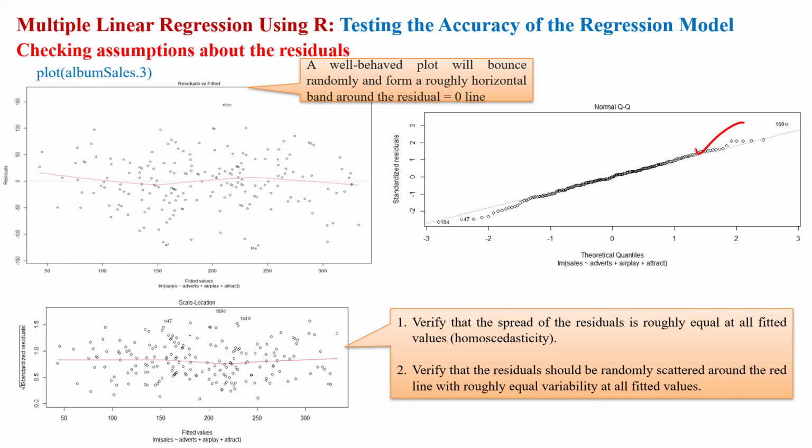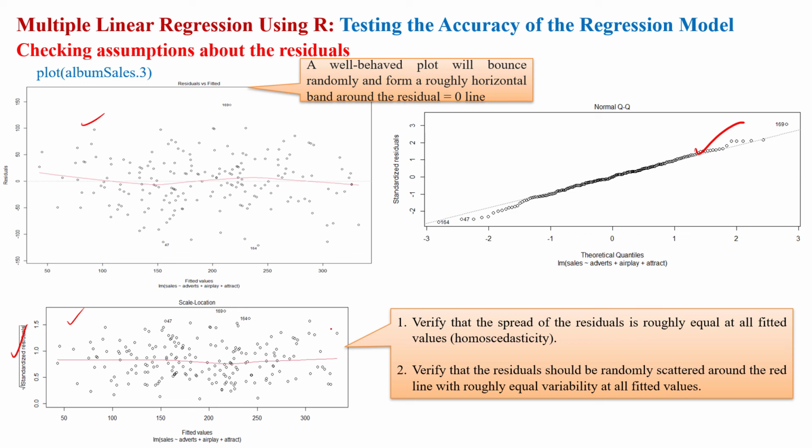Similarly for the scale-location plot: in the residual versus fitted plot we use the residuals against the fitted values, whereas in scale-location we use the standardized residuals versus the fitted values. These two graphs give us the same kind of information, because the variation of the standardized residuals is almost the same, or constant, against every fitted value.